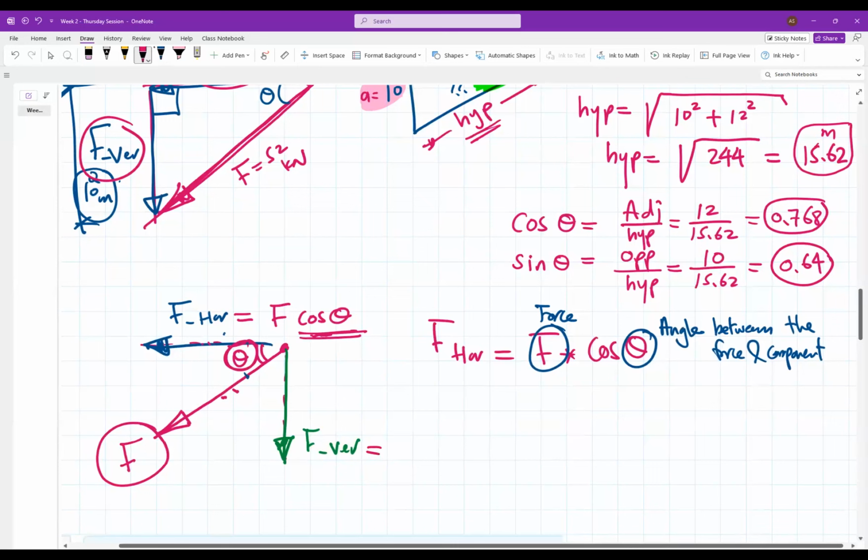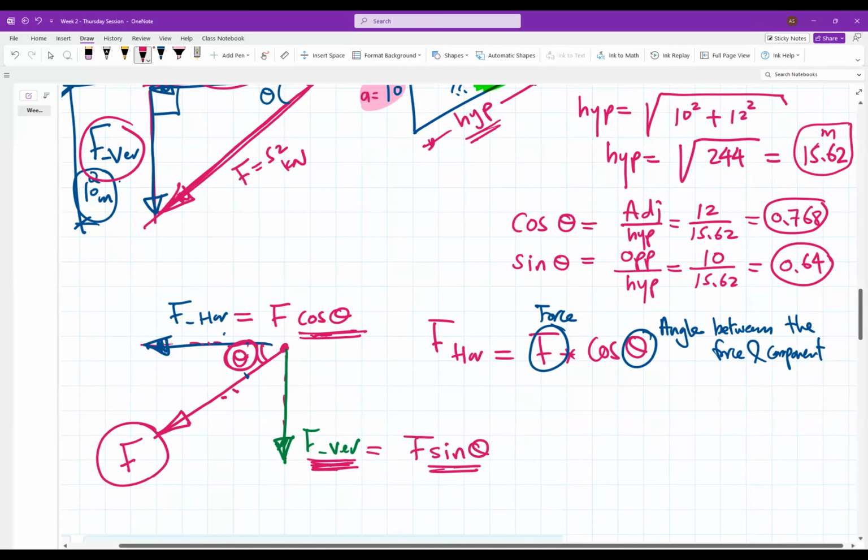So the component far from the angle takes sine. So F sine theta. Why sine? Because the vertical component is far from the angle. So the component near the angle takes cosine, and the component far from the angle takes sine. Is that clear?